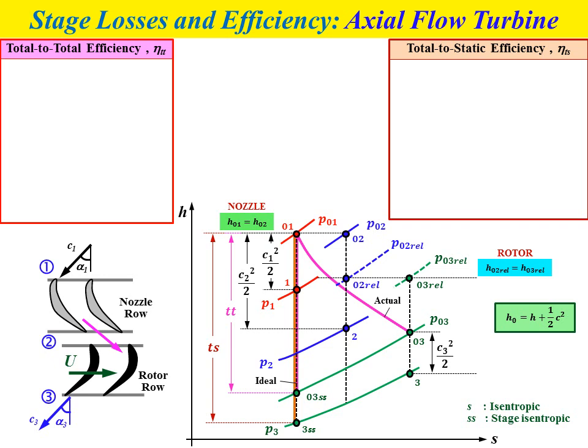Okay, another equation that involves enthalpy is the relative stagnation enthalpy, where relative stagnation enthalpy H0 relative equals static enthalpy plus half W square.